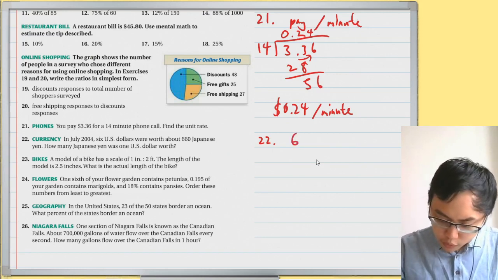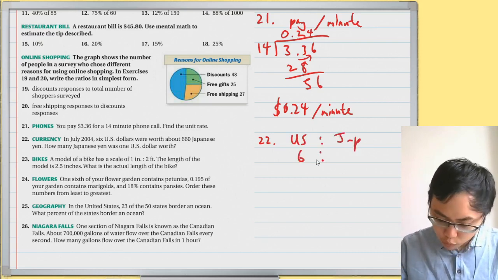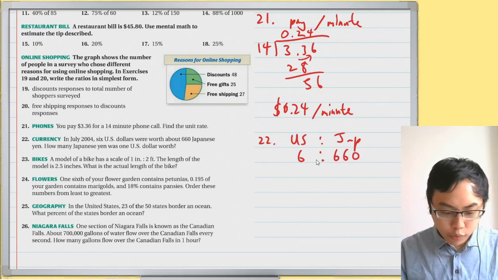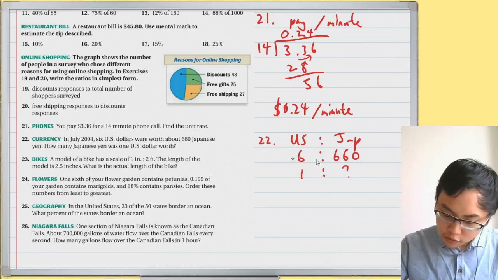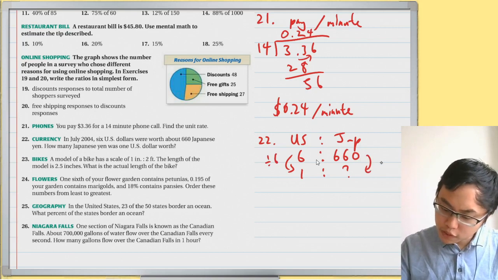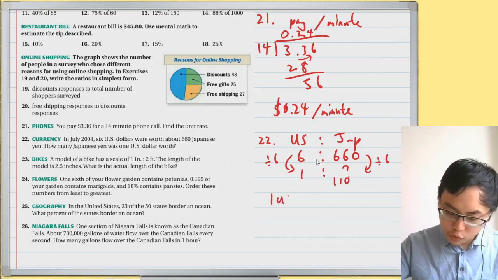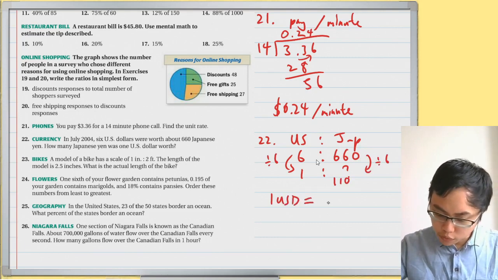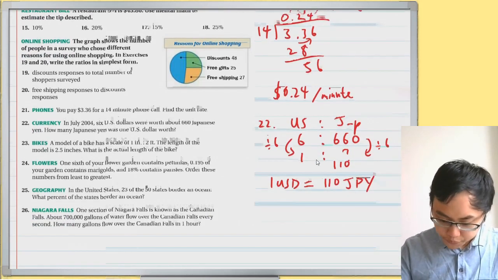The $6, so I'm going to label this US to Japanese yen. $6 were worth 660. And we want to work out what $1 is. So from 6 to 1 is divide by 6. That's fairly simple. And so 660 divided by 6 will be 110. So 1 USD is equal to 110 JPY, Japanese yen, JPY in short form.